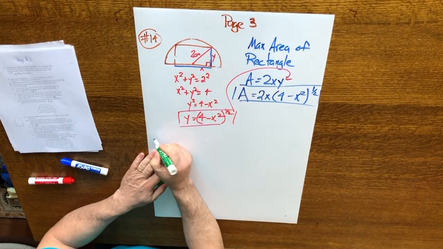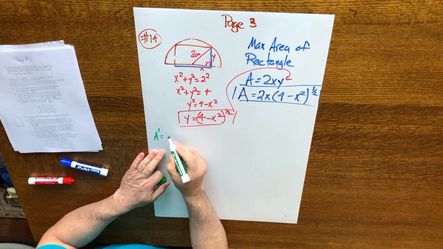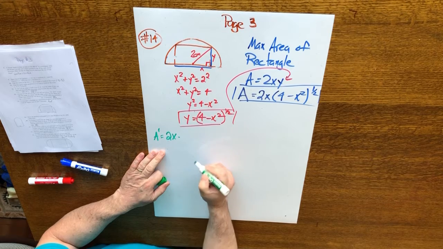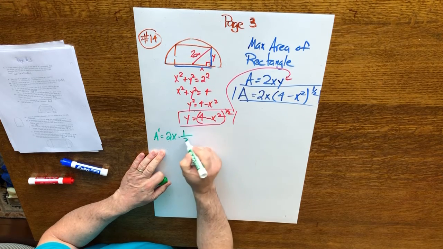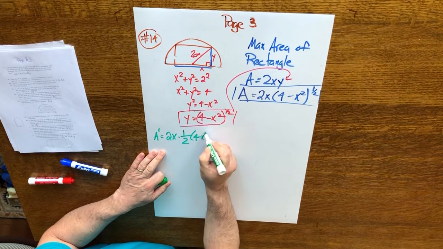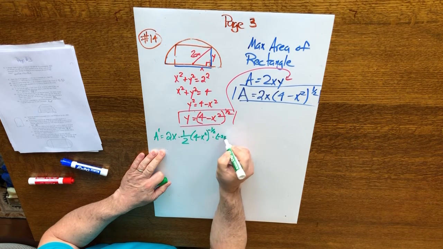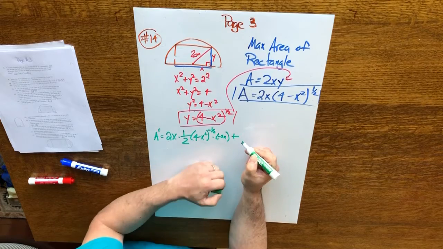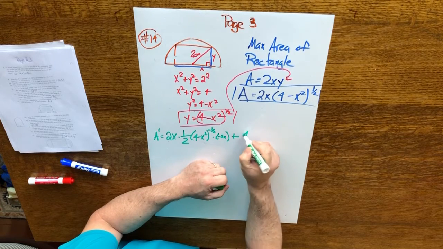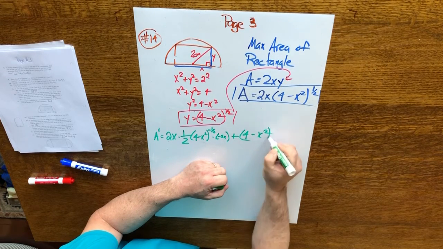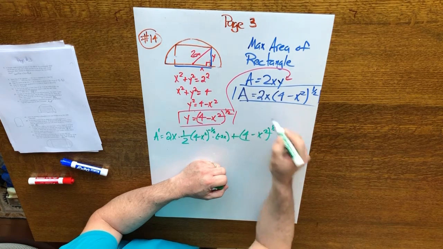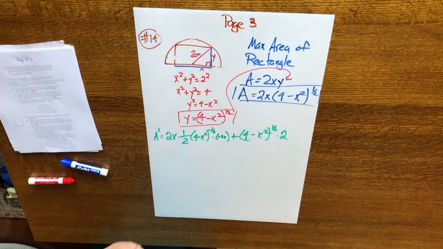A prime equals first, 2x times the derivative of the second, 1/2 times 4 minus x squared to the minus 1/2 times negative 2x, plus second, 4 minus x squared to the 1/2 times the derivative of the first, 2.